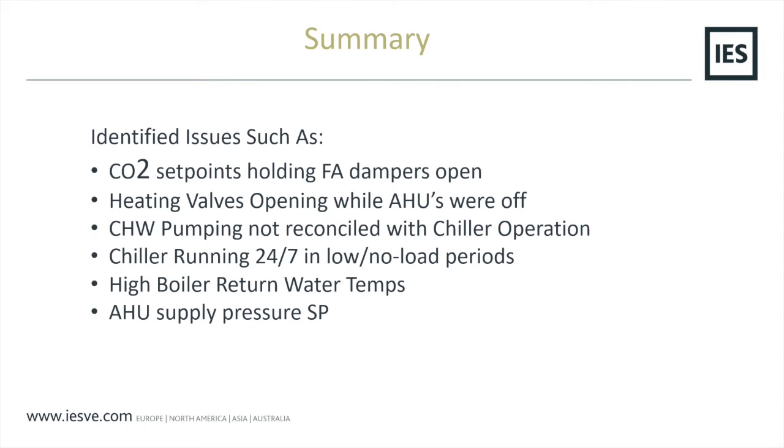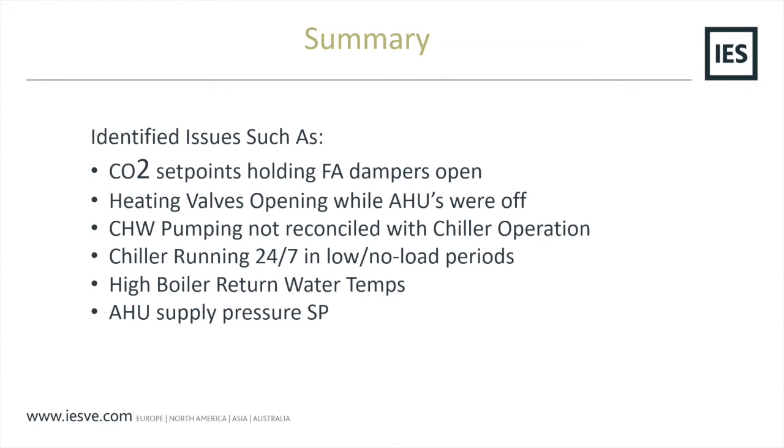So I think just in summary on this site, this is the work we've been involved with over the last year or two. So we've used the data and we found big issues with the CO2 set points, and these were holding the fresh air dampers open. There was also issues with the heating valve on the air handling units. Again, lack of thorough commissioning.